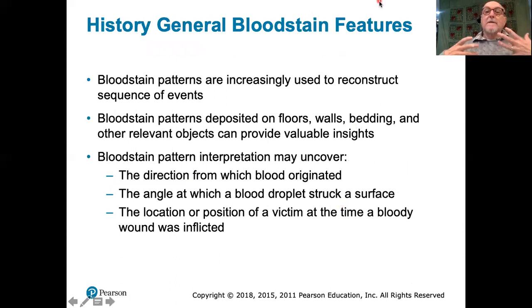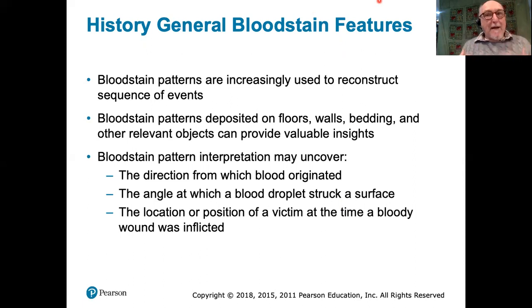So in general, when blood is liberated from a body, it is liberated by violent means. And the pattern that the blood forms on surfaces around the source of the blood can actually lead us back and enable us to construct a sequence of events.